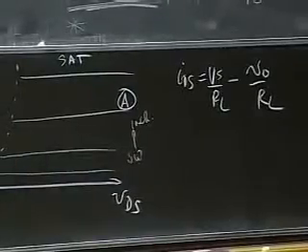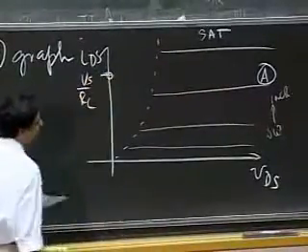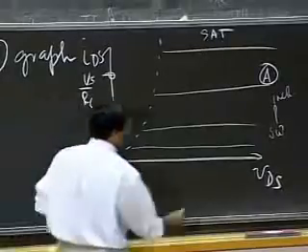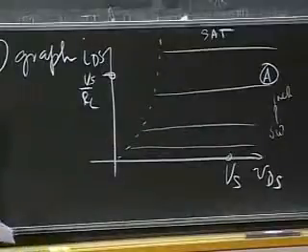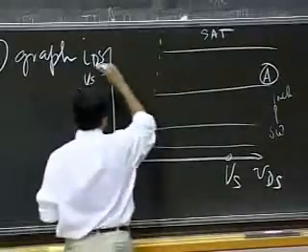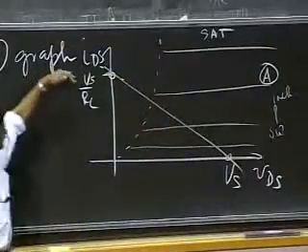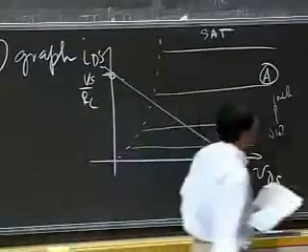When V naught is 0, IDS is Vs divided by RL, and when IDS is 0, V naught equals Vs. Remember, V naught and VDS are the same. So this is the straight line corresponding to equation B.